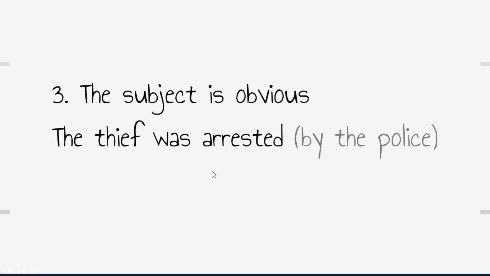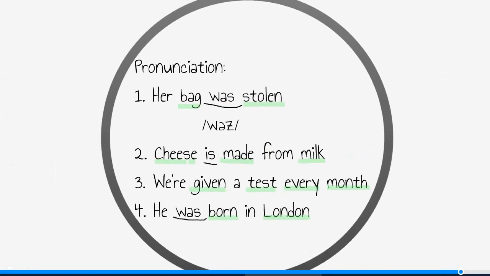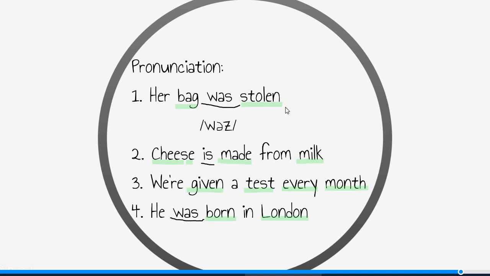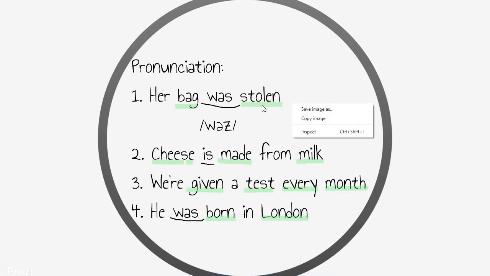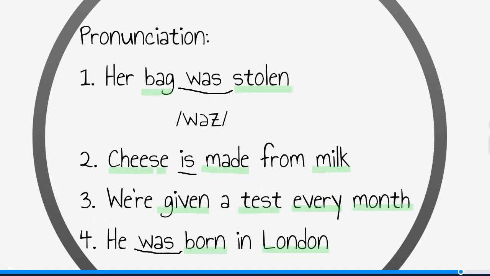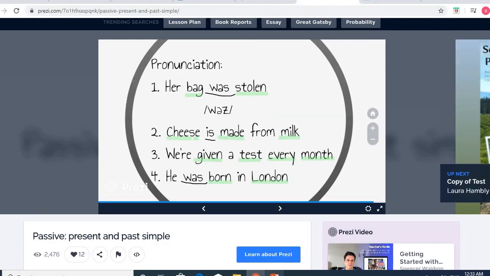So instead of saying the policeman arrested the thief, I say the thief was arrested. And it is common sense that I will know the policemen are the ones who arrested. Okay, so that's all about the passive form. I'll show you more examples so we can focus more on it.